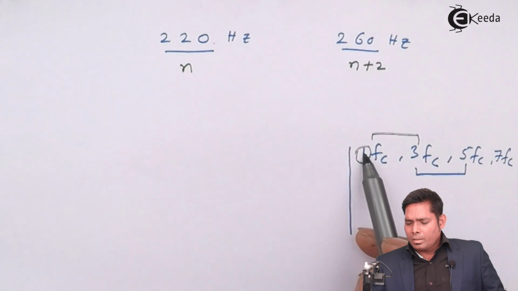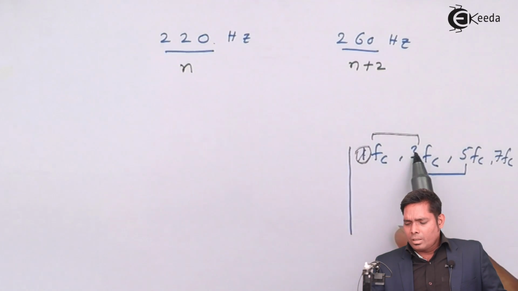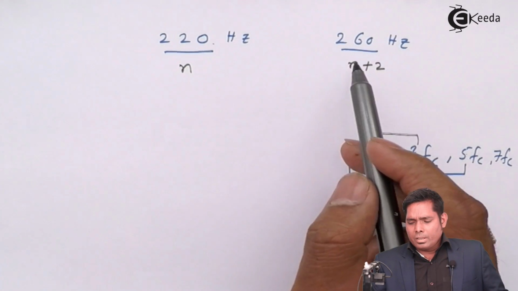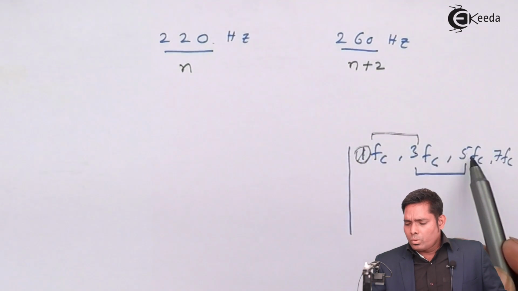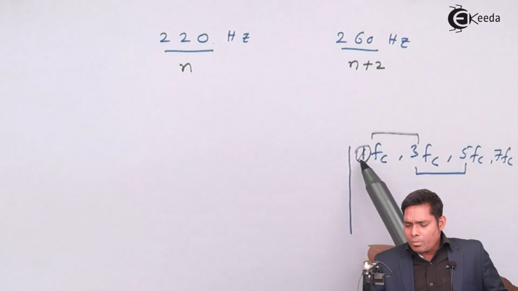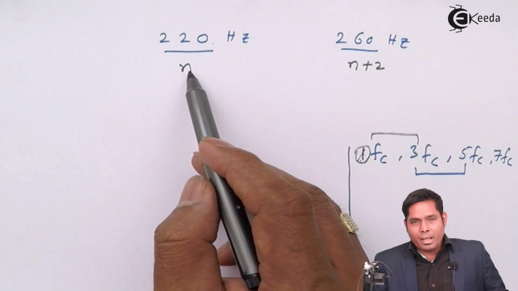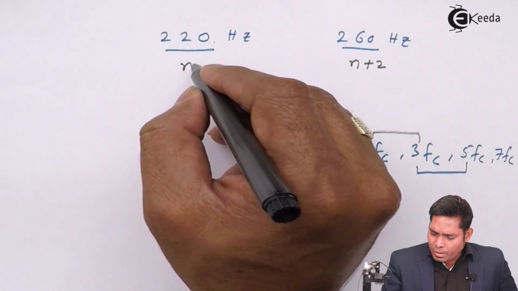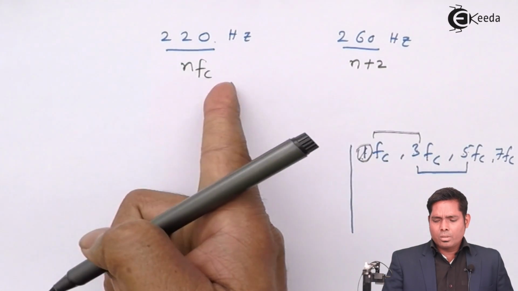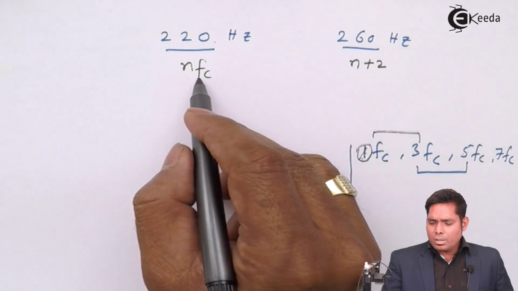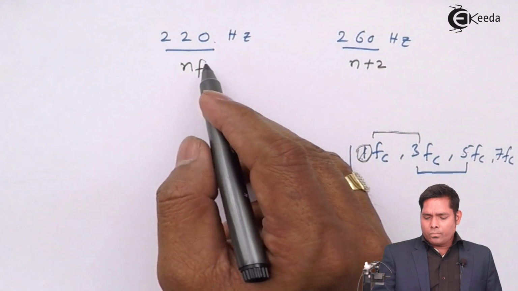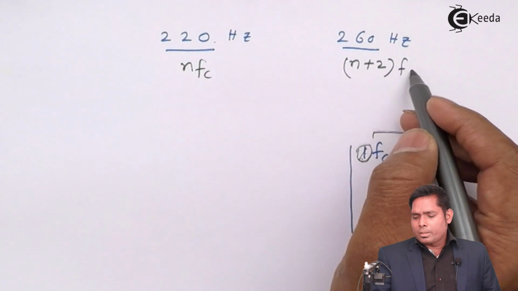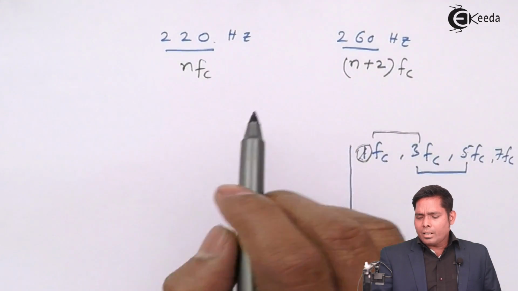I don't know whether n is 1 or 3 or 5, so I call it n, and the next one is n plus 2. The fundamental frequency is Fc, which is always there. So this is the nth harmonic, and this is the n plus 2 harmonic. They are having these values.